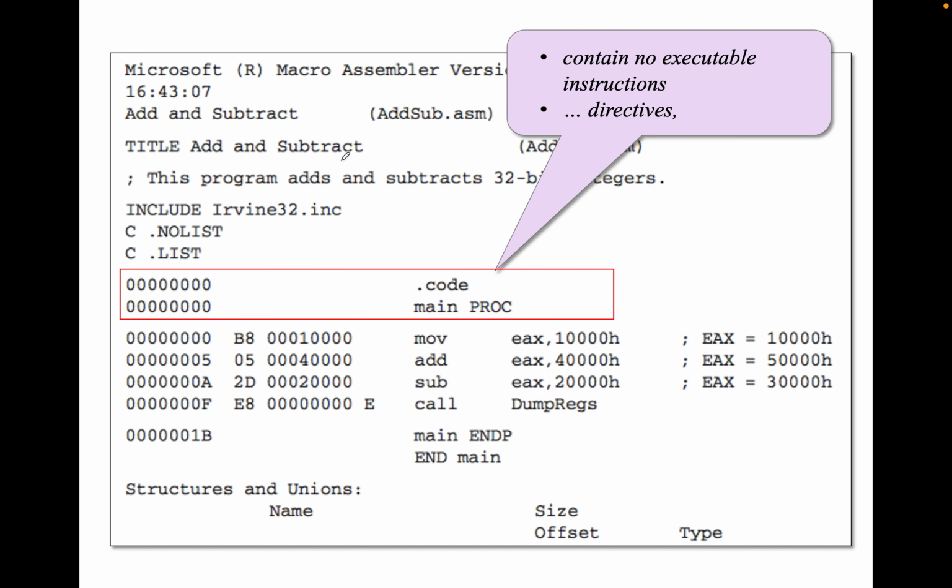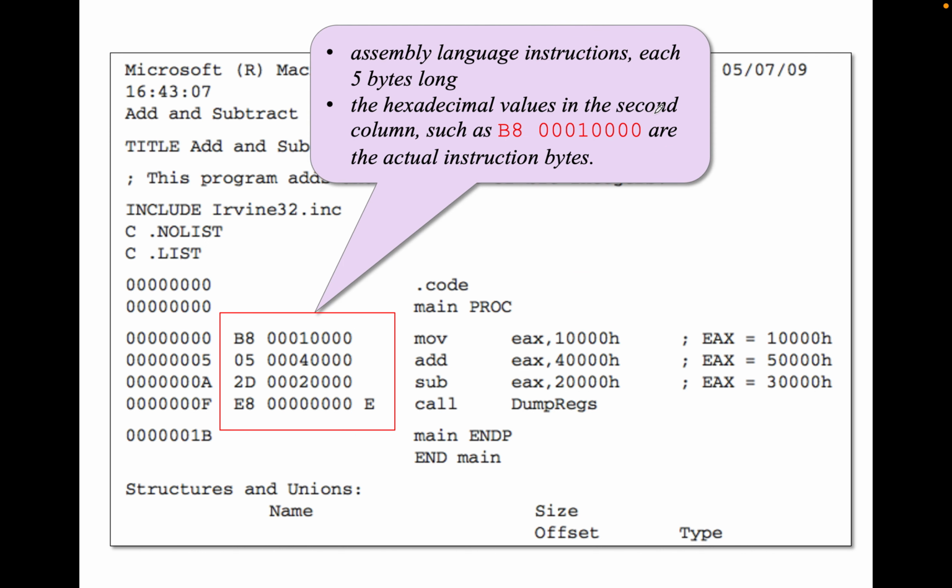What else? This one is in your template that you used last time. This one is content with no executable instruction, which is a directive. Assembly language instruction is each 5 bytes long.